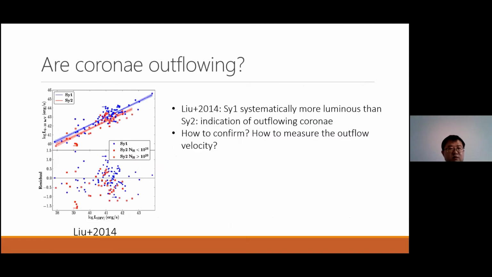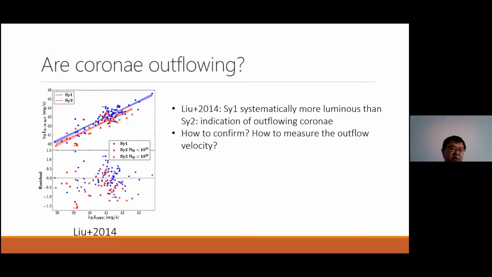And another question, is the corona outflowing? So in this paper, Liu et al. 2014, they found out that the Sy1 galaxies are more luminous than Sy2 galaxies in the 2 to 10 keV X-ray band.